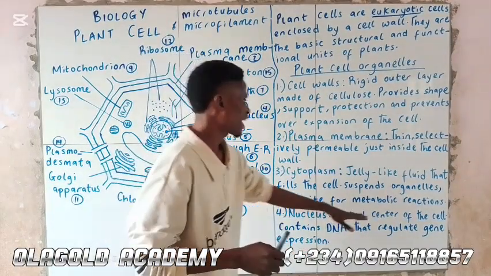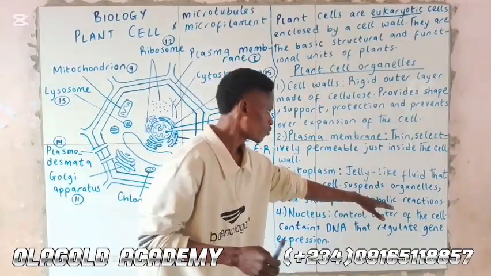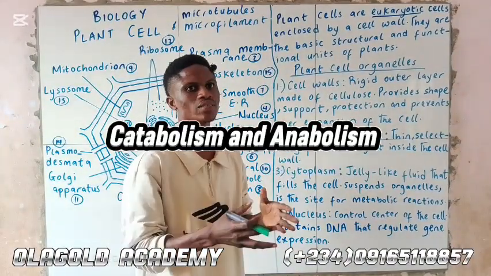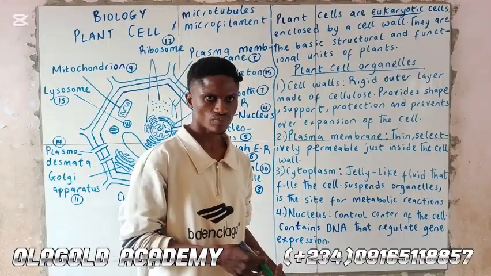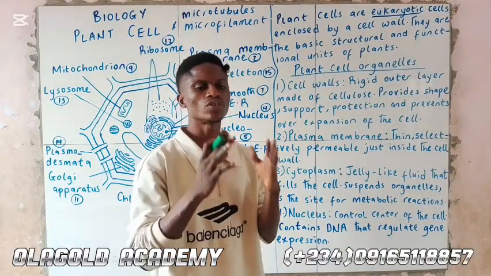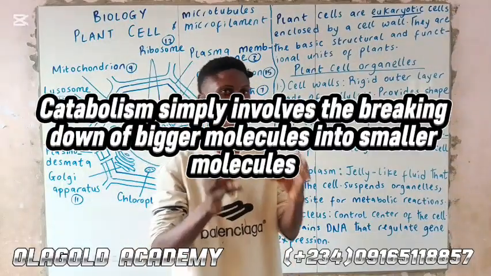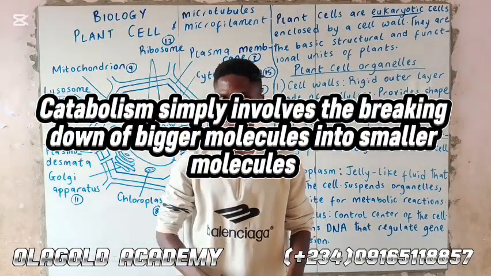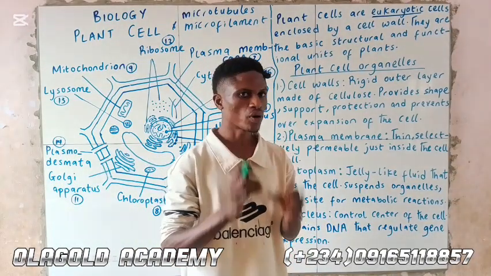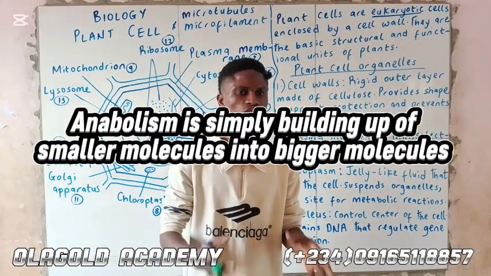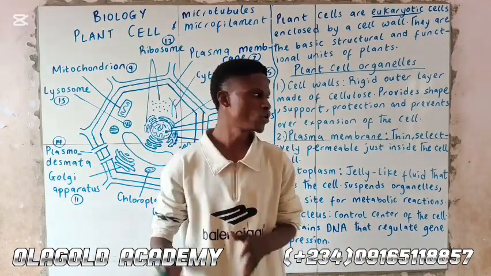And from metabolism, we are going to have what we refer to as catabolism and anabolism. Catabolism involves breaking down of larger molecules into smaller molecules, while anabolism involves building up smaller molecules into larger molecules.